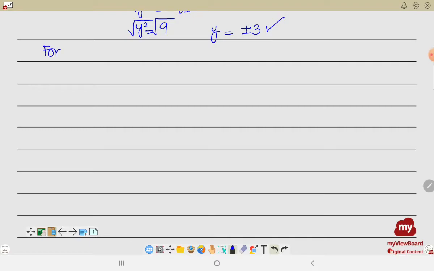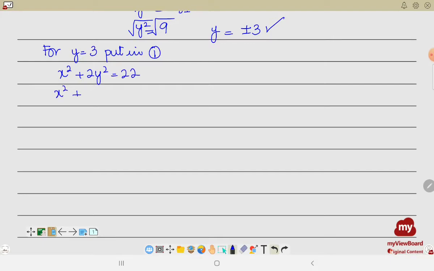For y is equal to plus 3, our x will become, we'll insert it in any of the given equations. Let's say we put it in the first equation, which is x square plus 2y square is equal to 22.